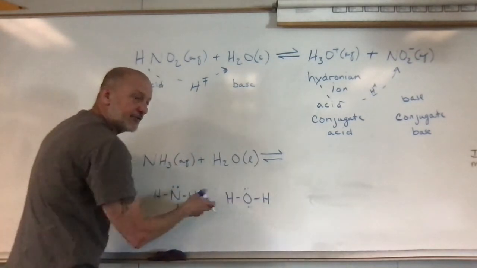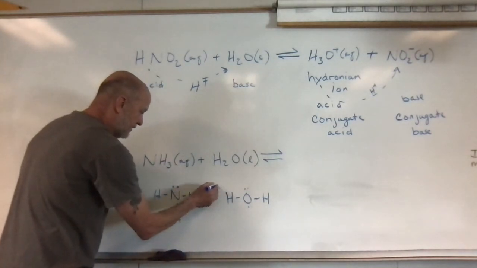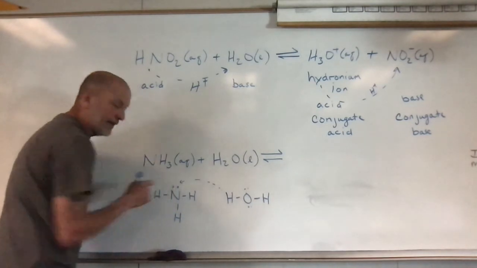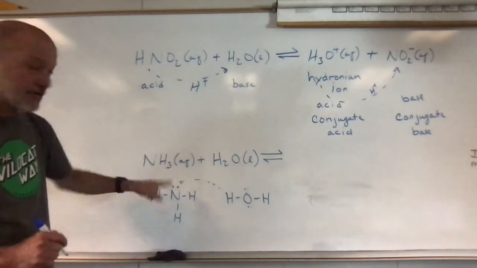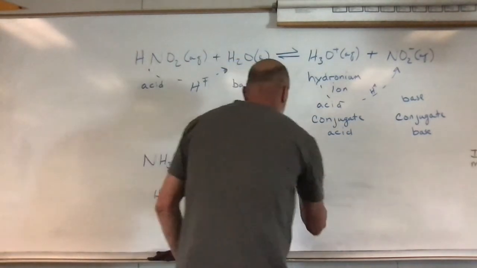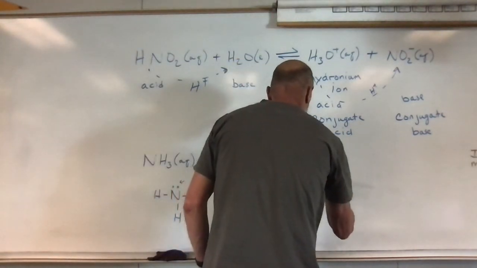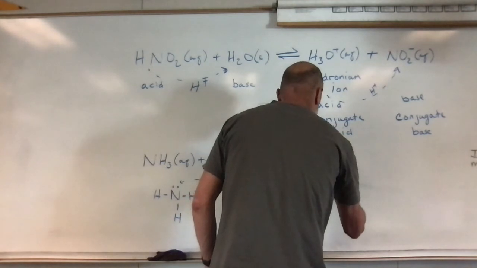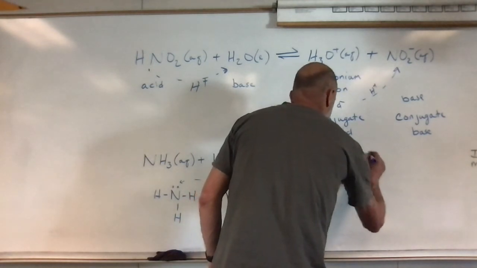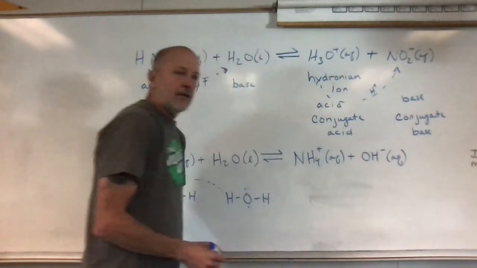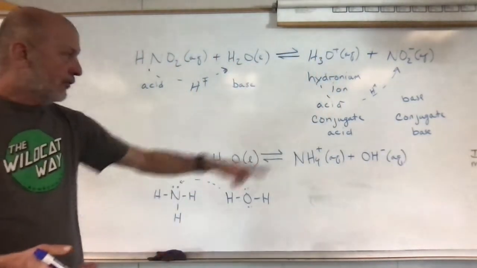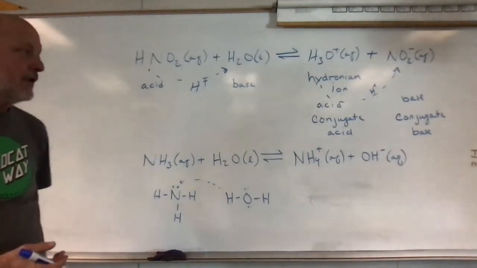One of these hydrogens, one of these protons is going to pop off, and it's going to latch on right there. Now the nitrogen is surrounded by 4 hydrogens. So we generally call the OH, the hydroxide ion, the base.